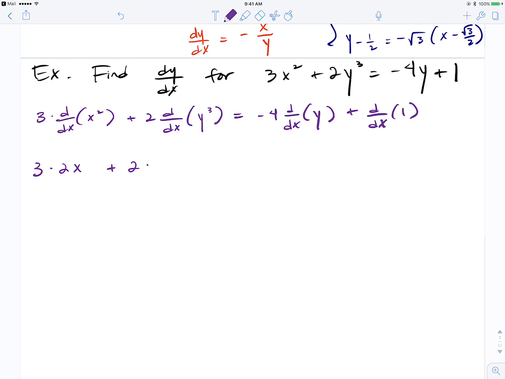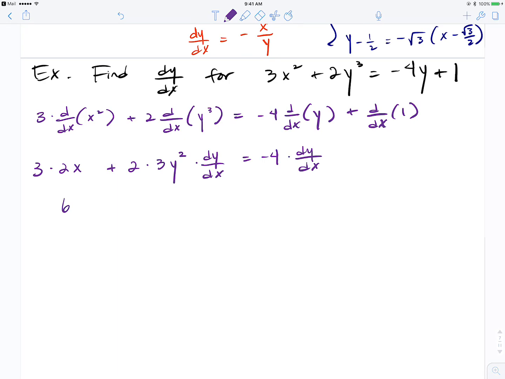So thinking chain rule, 3 times y squared times the derivative of y with respect to x, so dy over dx, equals negative 4 times the derivative of y with respect to x plus 0. Derivative of a constant is just 0.